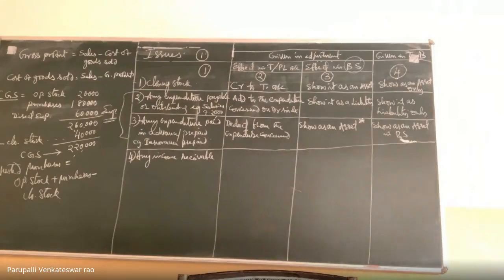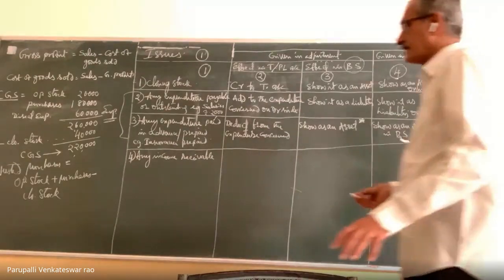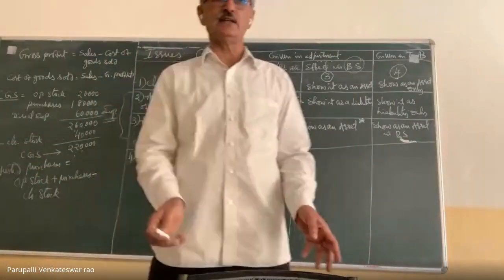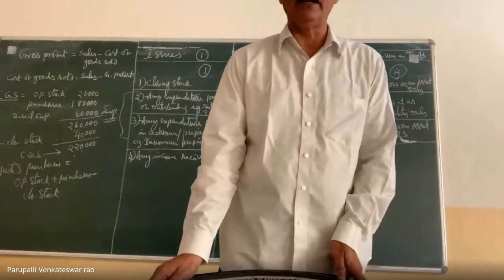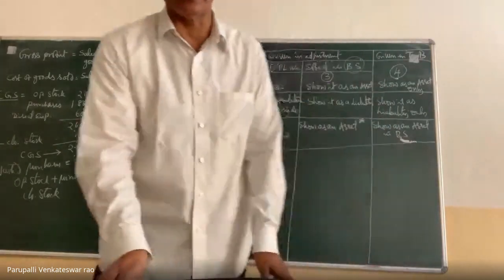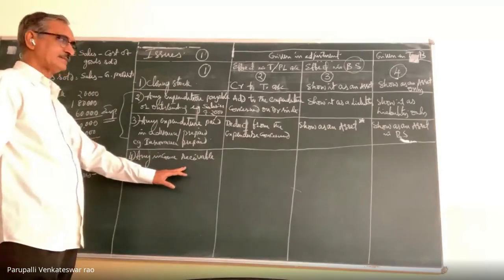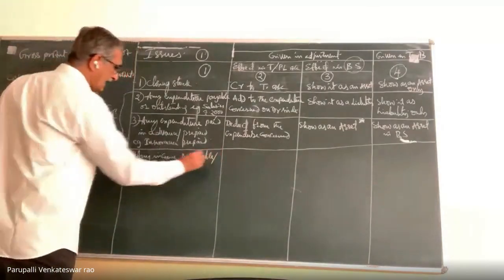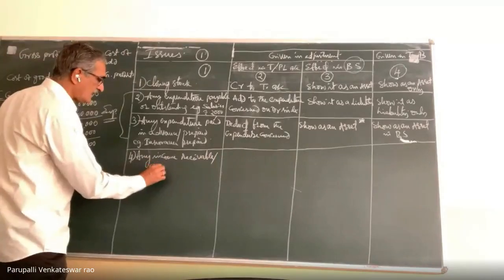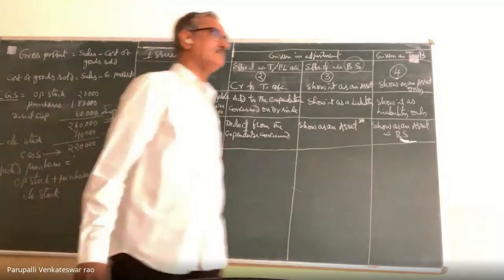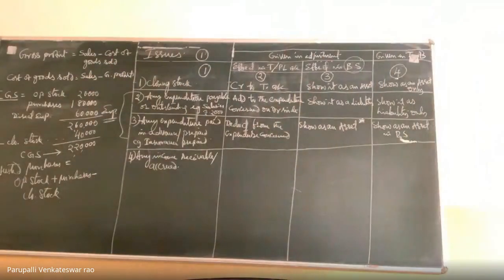Suppose we have a building let out, we gave our building on hire to somebody, and rent is not received. Rent, if you pay, is an expenditure. Rent, if you give the building on hire to someone, we receive rent. Any income receivable or accrued.